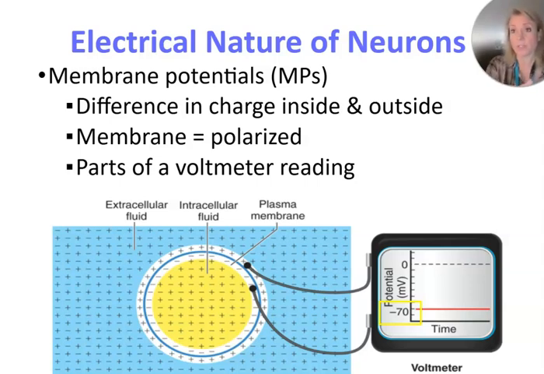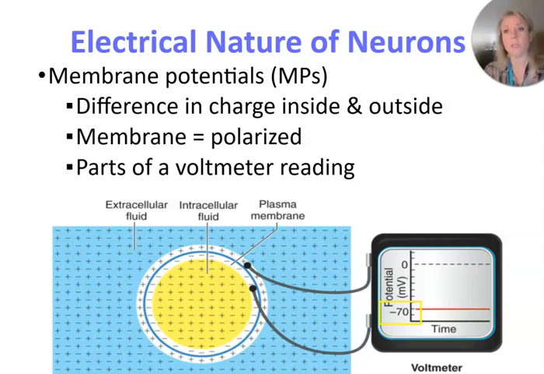And the two wires that are coming off of the voltmeter have electrodes at the end, and you can see that one is measuring the charge on the outside of the cell while the other one is measuring the charge on the inside. And this is definitely something that was done decades ago when scientists were doing research.